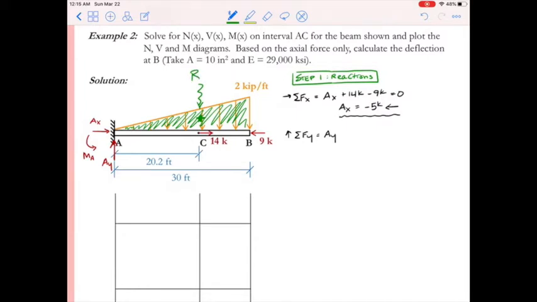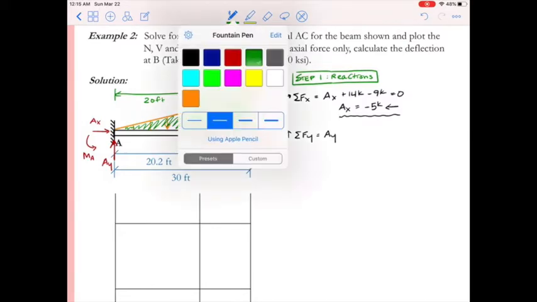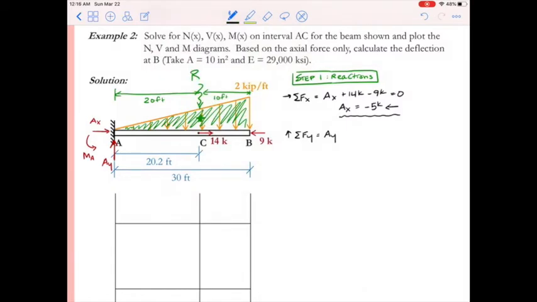In this case, we have a triangle. So our resultant force will act a distance of 2/3 from the left-hand side, or 1/3 from the right-hand side, or the tall side of the triangle. So that's 20 feet from the left-hand side and 10 feet from the right-hand side. So just a little bit to the left of point C, even though the picture doesn't show that well.